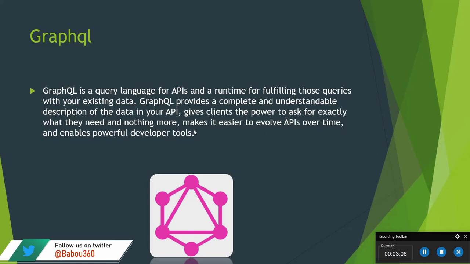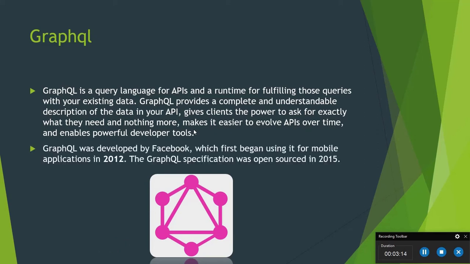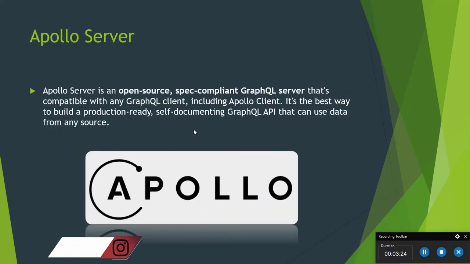We will see that in the coming tutorials. GraphQL was developed by Facebook in 2012 and it was open sourced in 2015. Apollo server, this is simply just a GraphQL server. So we run GraphQL on top of Apollo server.